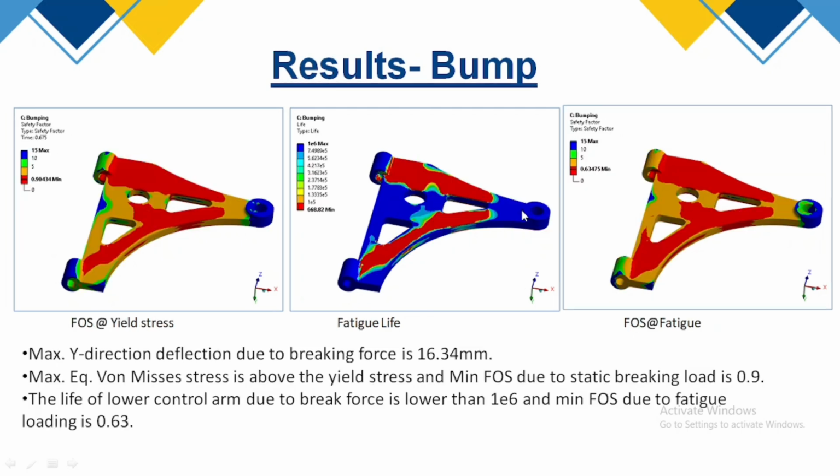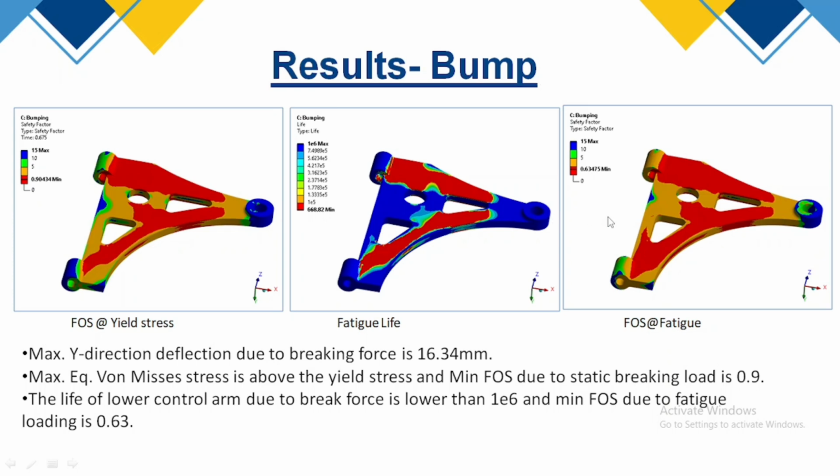And if you look at the factor of safety due to yield stress, it is less than 1, which is 0.9. In other cases we found that life is 1 million, but in this case the minimum life is 668 cycles only, and the fatigue factor of safety here is very low, 0.6.